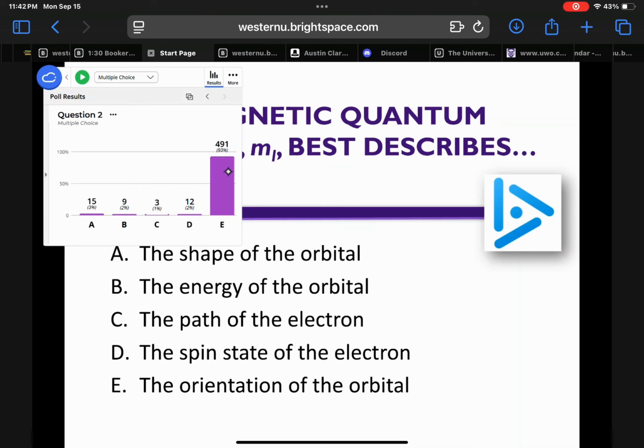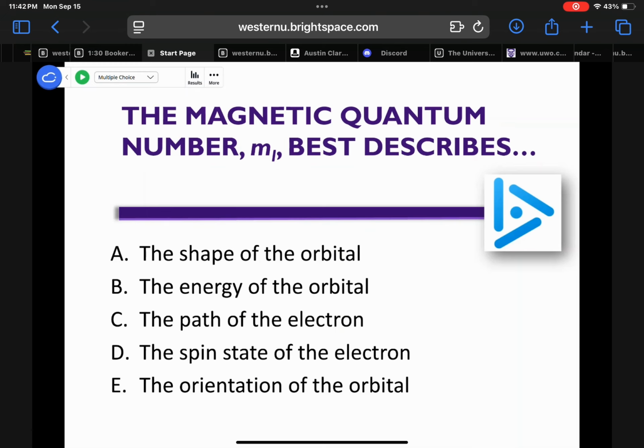Wow, 93%. Well done. Okay, so we have identified this as the magnetic quantum number. Otherwise, A, the shape of the orbital, which quantum number letter is telling us that? Just go ahead and shout it out. L. What about B, the energy, the big idea of the energy? N, yes.